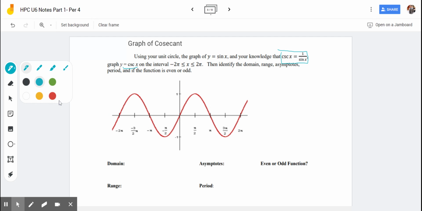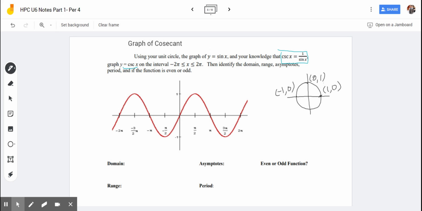All right, so what we have here is the graph of sine plotted. And if we recall from the unit circle, let's just do a quick sketch. 1, 0; 0, 1; negative 1, 0; and then 0, negative 1.